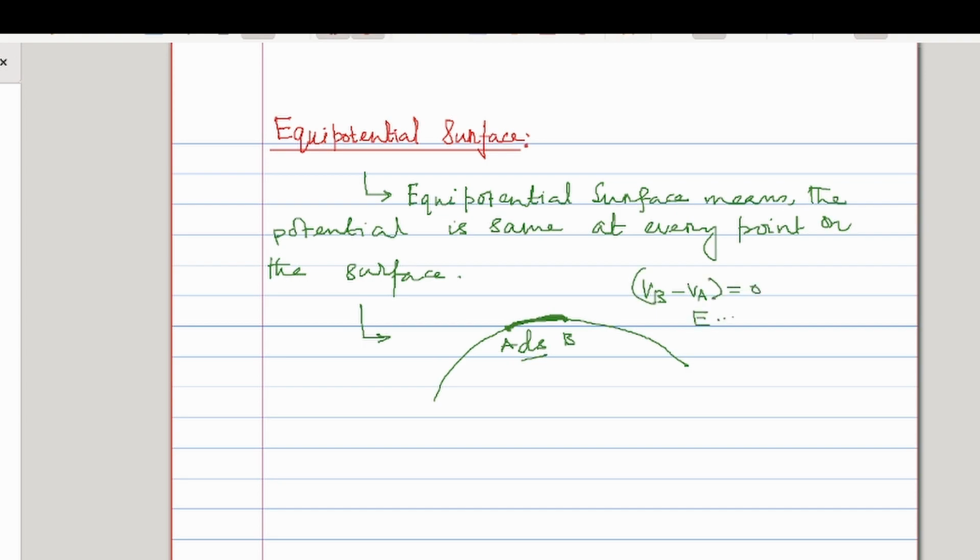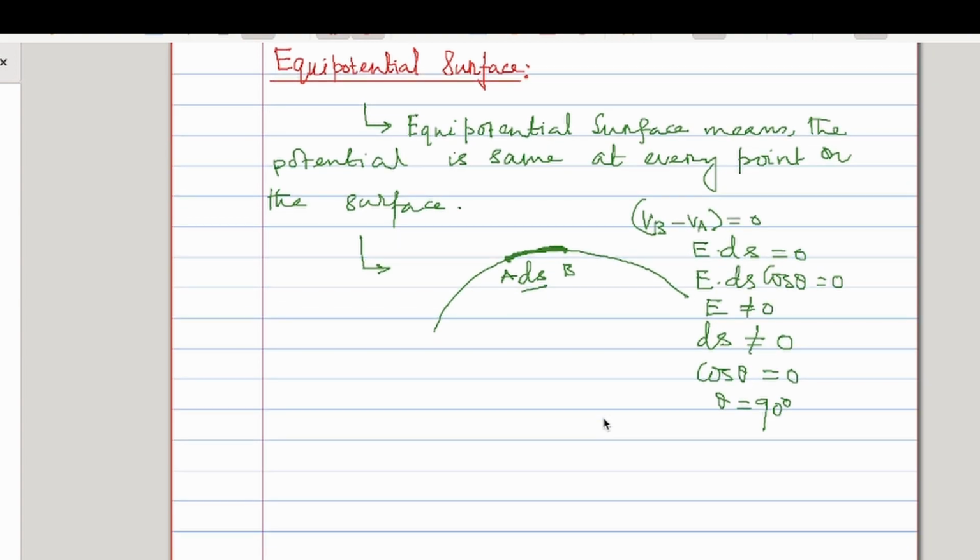That means E dot ds is equal to 0. That is E ds cos theta is equal to 0. Now E is not equal to 0, ds is not equal to 0. So cos theta equals 0. That means theta equals 90 degrees.